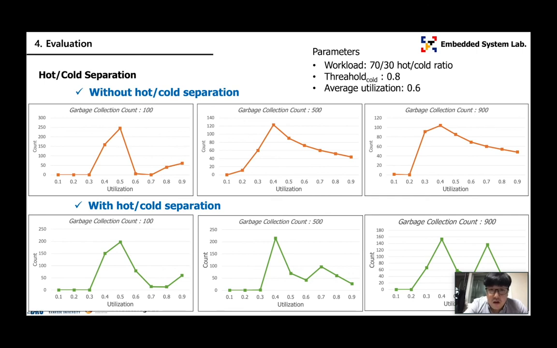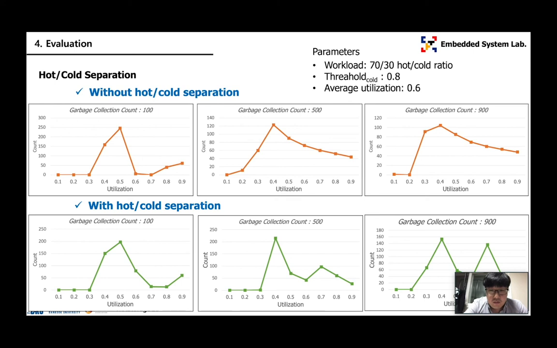However, with hot-cold separation, the zone utilization shows a bimodal distribution. Some zones have smaller utilization, while others have larger utilization. This is because our LSM scheme can identify cold segments and isolate them into a separate zone.